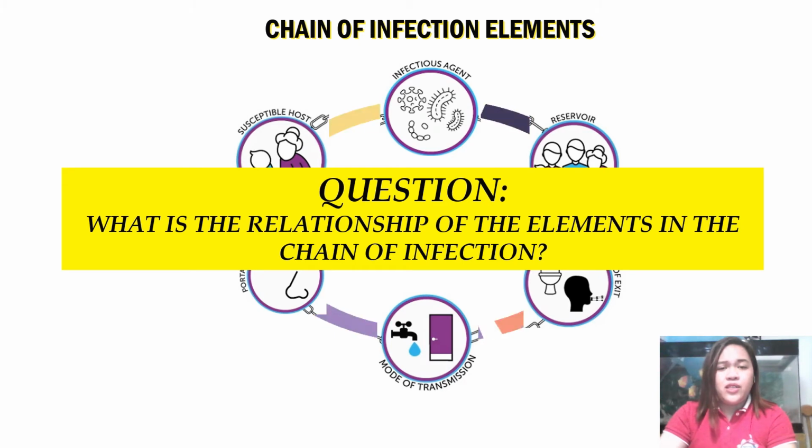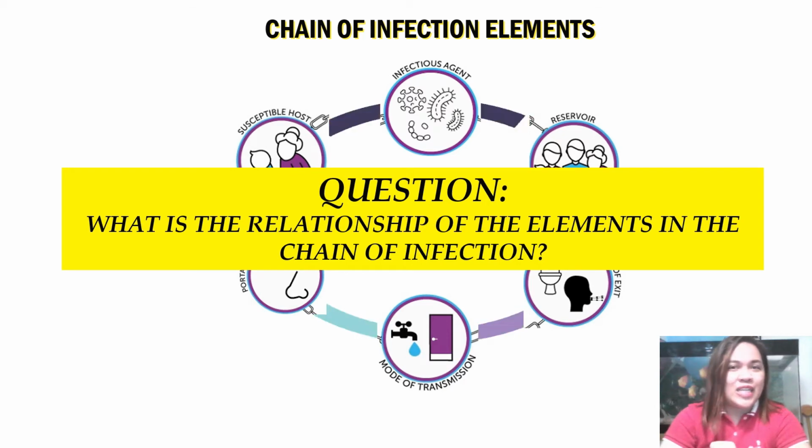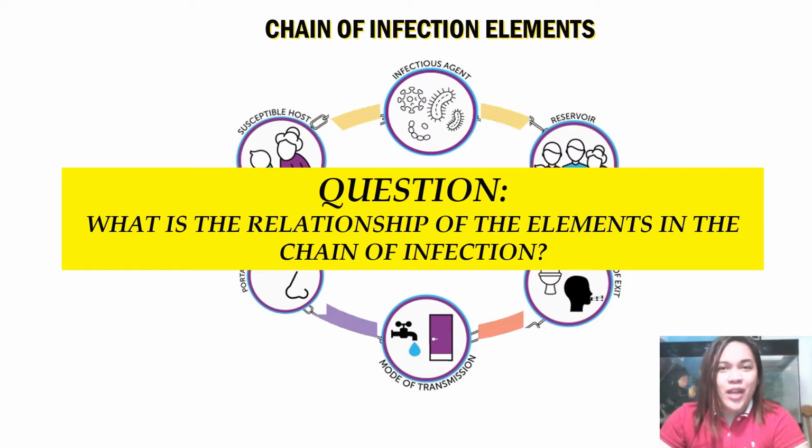What is the relationship of the elements in the chain of infection? Jot down the question, and you can try to answer it later. Please listen to the next discussion so you can answer this question later on.